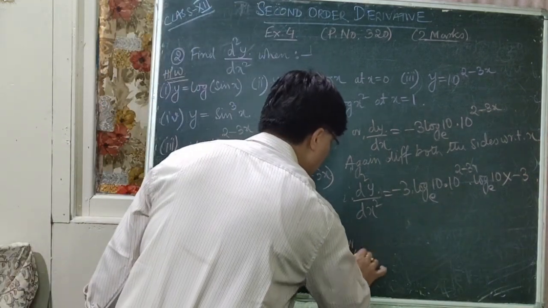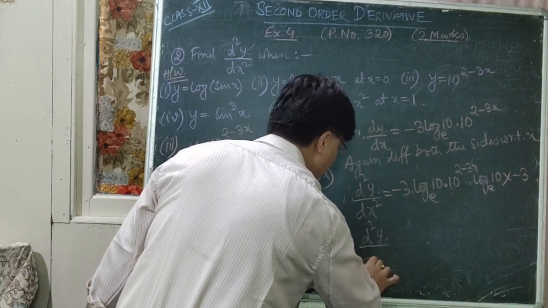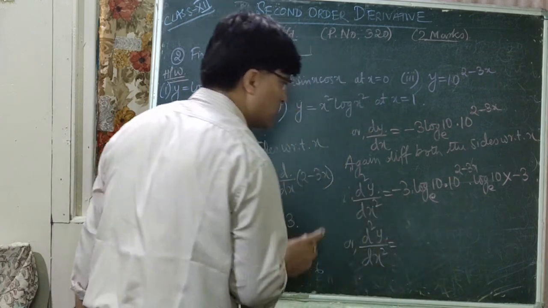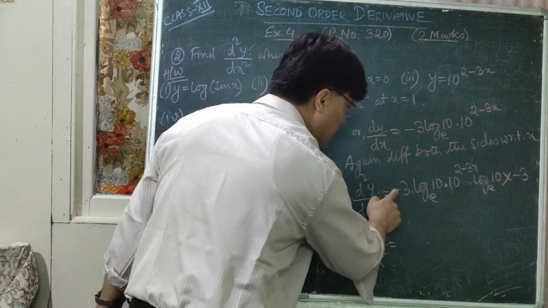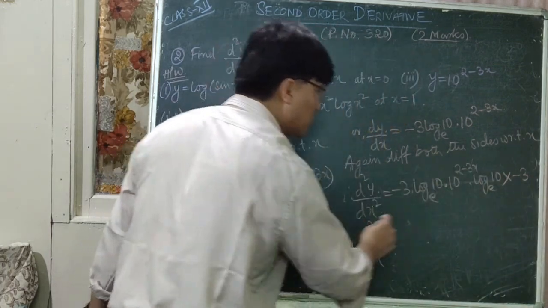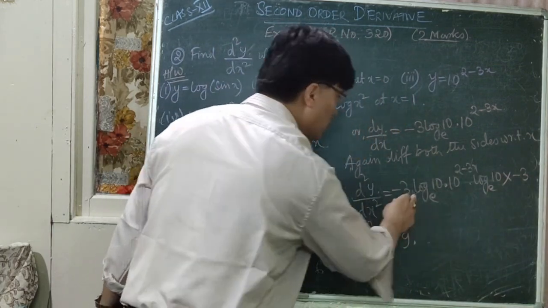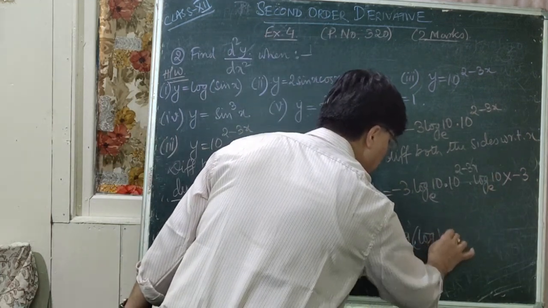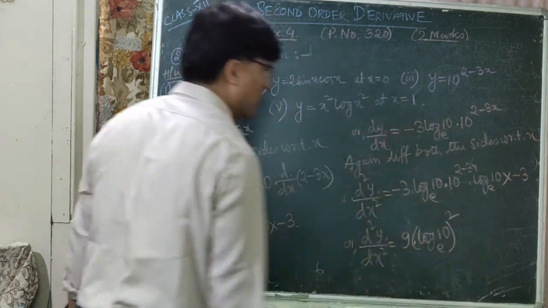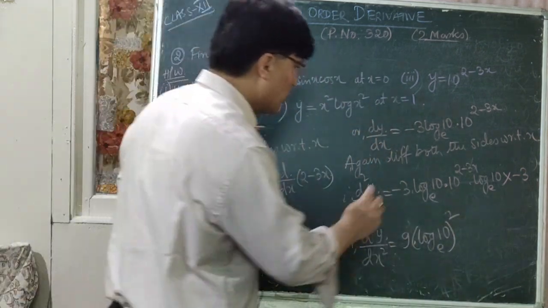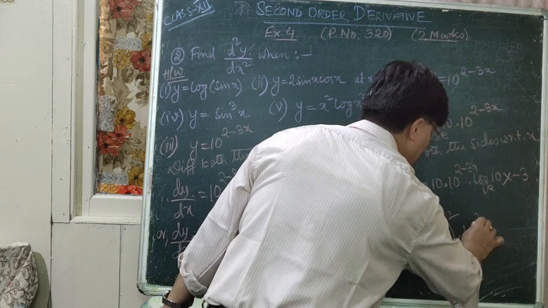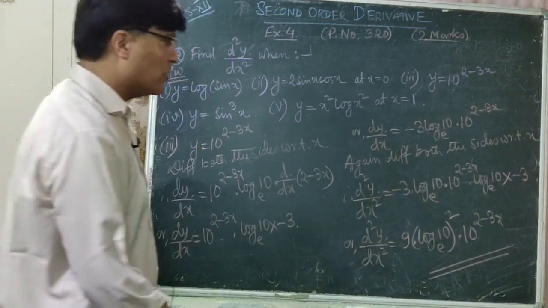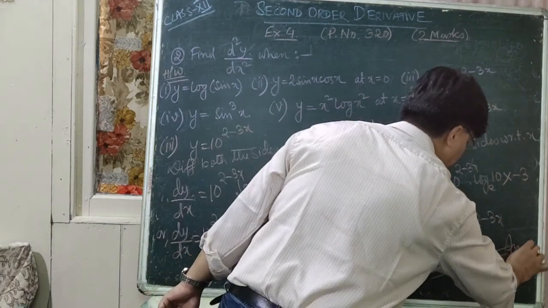So now this is your d2y by dx square is equal to, you can multiply it, minus 3 into minus 3 plus 9 into log 10 base e whole square, into 10 to the power 2 minus 3x. So this is your final answer.